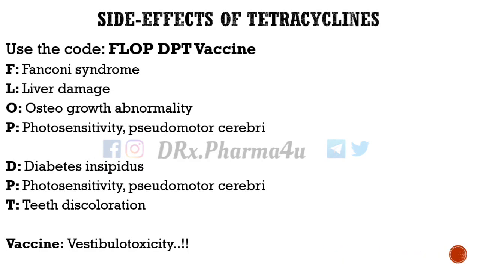So since it is blocking antidiuretic hormone, it will cause the elimination of fluid from the body, which is known as diabetes insipidus. P stands for photosensitivity and pseudotumor cerebri, and T stands for teeth discoloration, because when tetracyclines mix with calcium, it causes a complex which is usually yellowish in color. And vaccine, V stands for vestibulotoxicity. As I said, minocycline causes that.